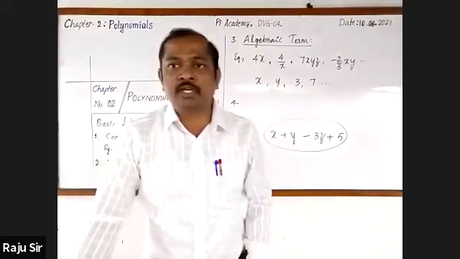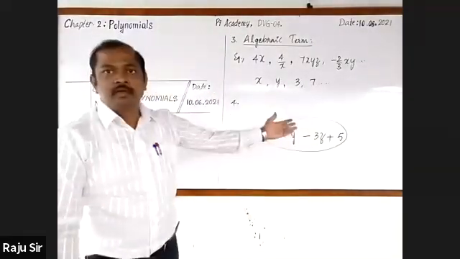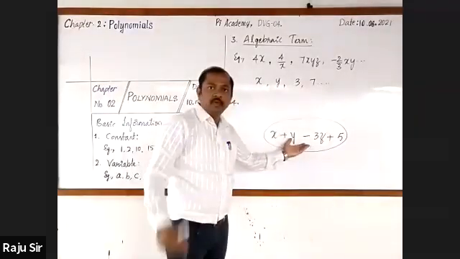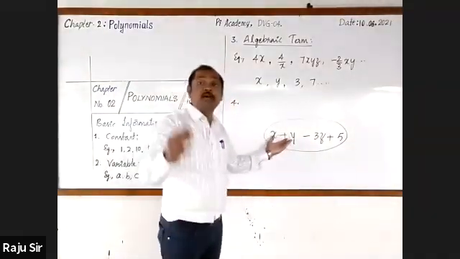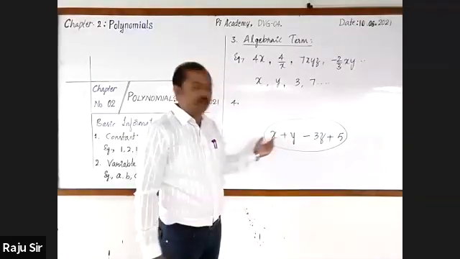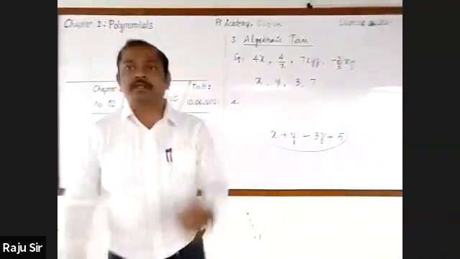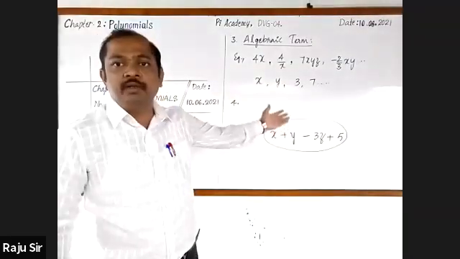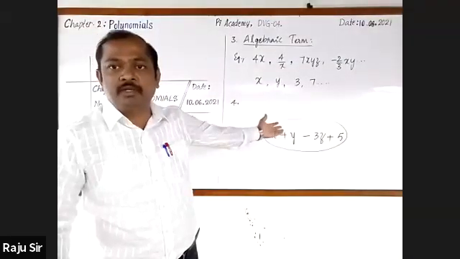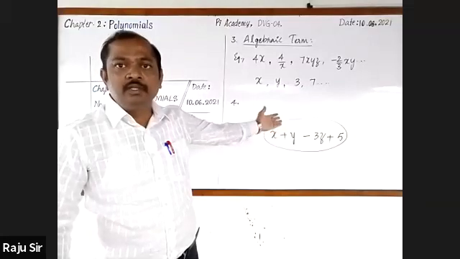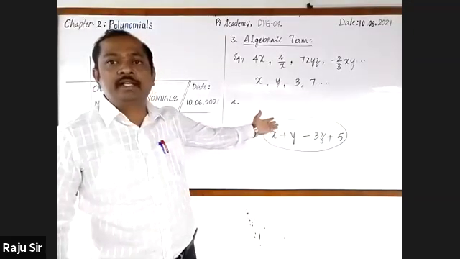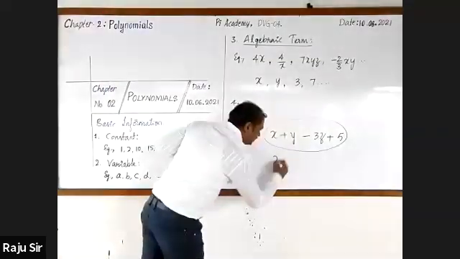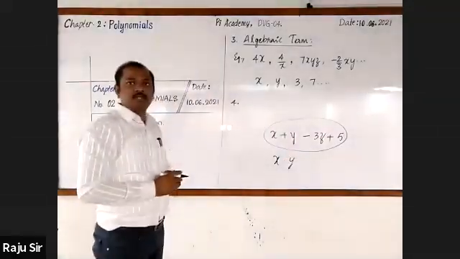What is this new statement? Once I repeat. Very good. Correct. It is an algebraic expression. If two or more algebraic terms are connected by using the symbols of fundamental operations, it is known as an algebraic expression. Not only this, here x and y, two algebraic terms are there.